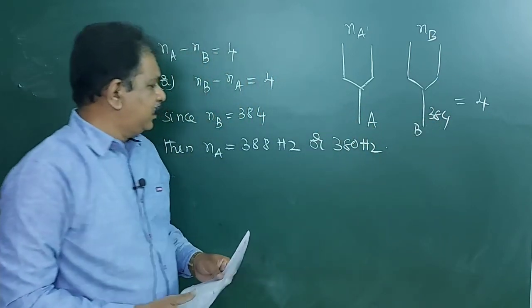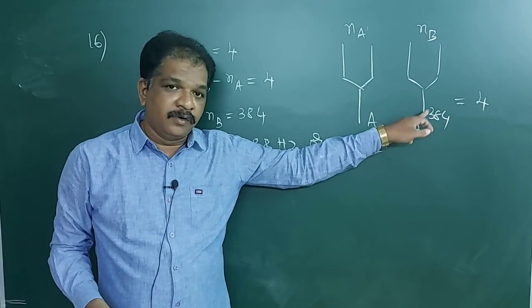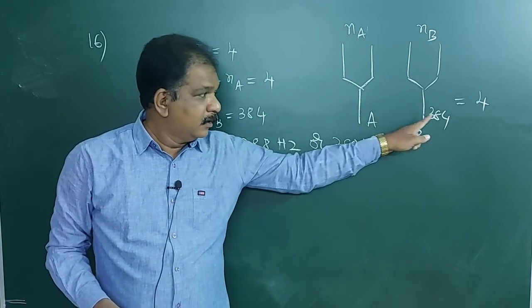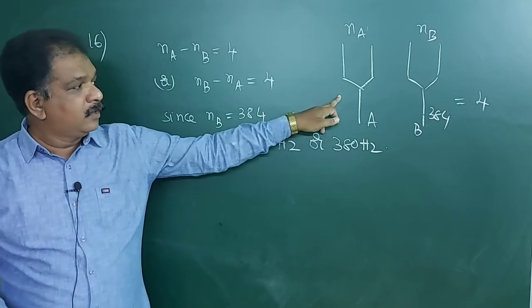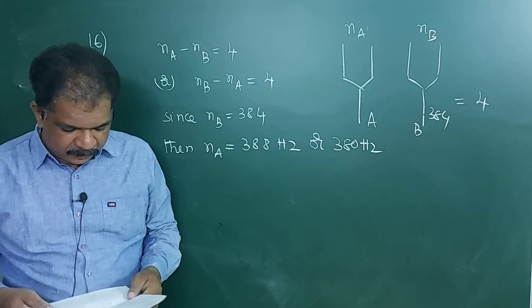If its frequency is 388, 388 minus 384 is 4. If its frequency is 380, 384 minus 380 is again 4. So its frequency may be 380 or 388.